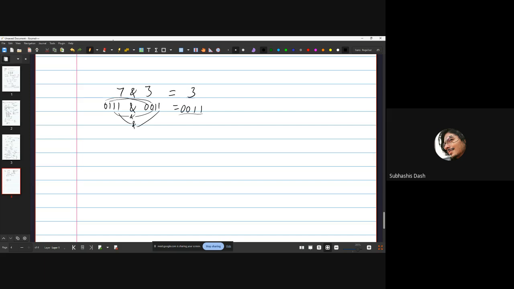Now for another one, let's say that I'm using 13 and I'm XORing it with 6. So what will we get? The way to do this is to first represent this in binary form.